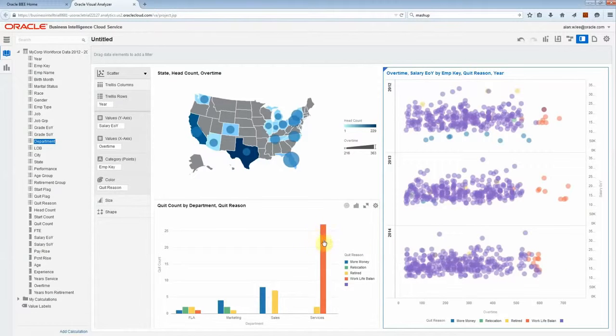So we appear to have a problem in Florida where we do an awful lot of overtime, and certainly the services department. So we should call in the service managers and see if we can make some provisions or put a strategy together that helps our service people's lives become more sustainable and makes them more productive employees.